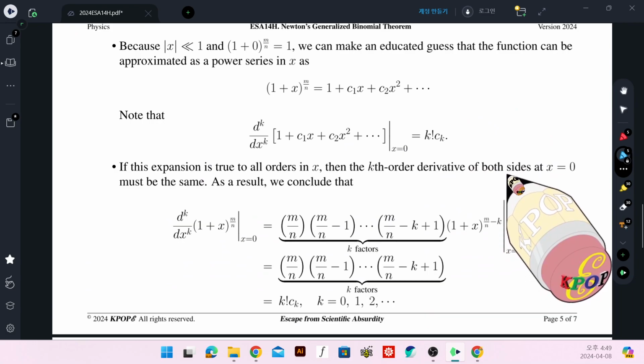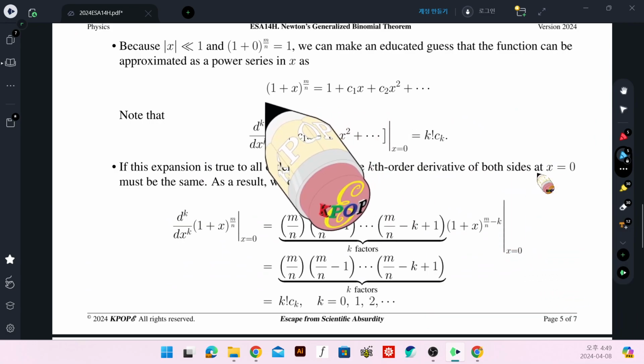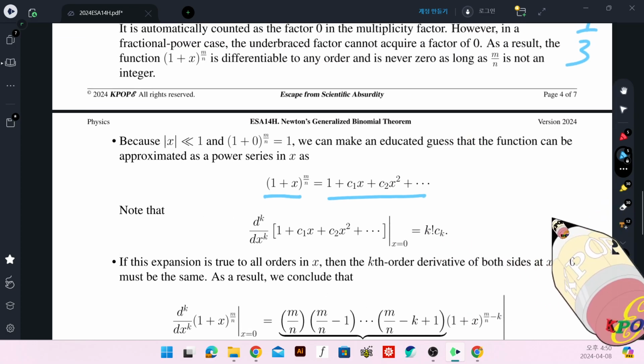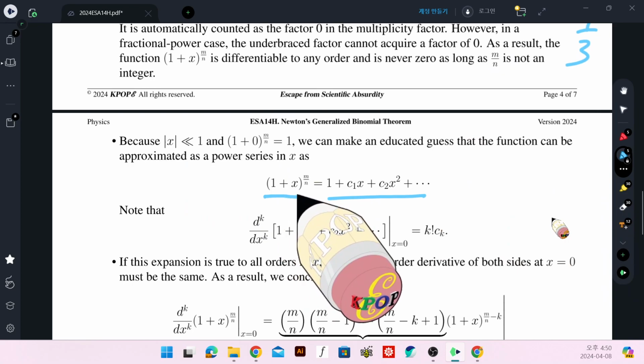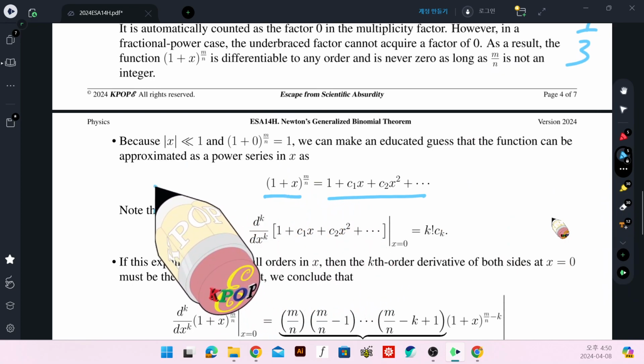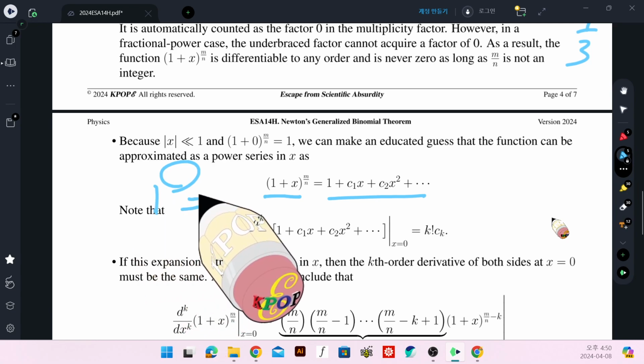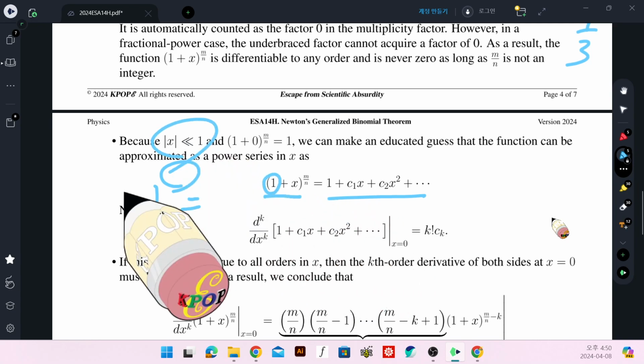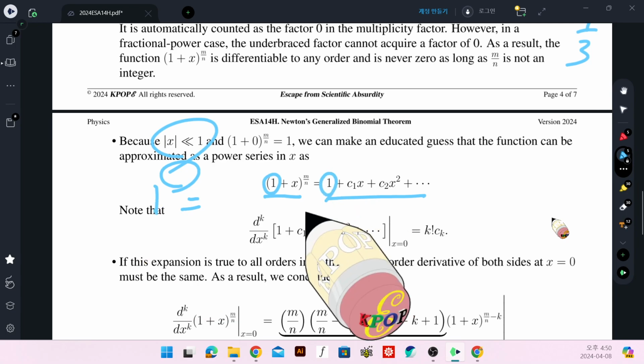Finally, we can find this power series expansion, just like what we have done when we approximated the square root of 2 or square root of 3. We assume that, first of all, when I substitute x equal to 0, 1 to the arbitrary power is just 1. Therefore, we expect that if the absolute value of x is tiny, it must approach 1 as x goes to 0.